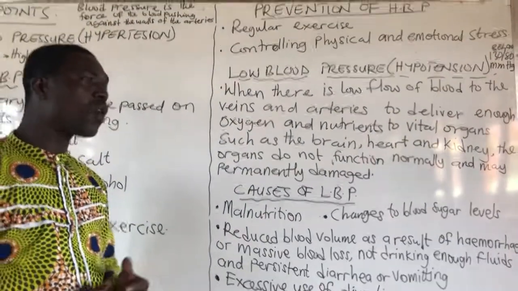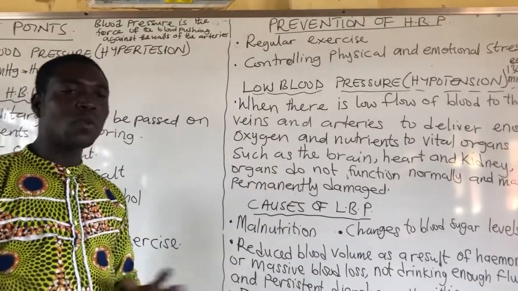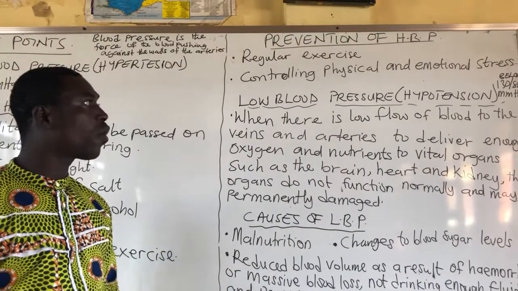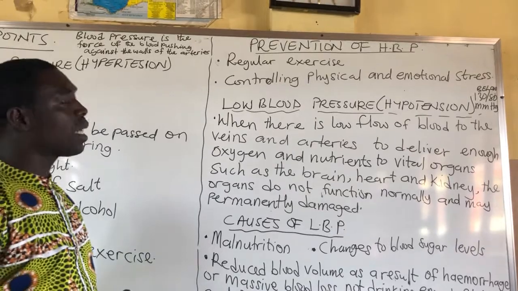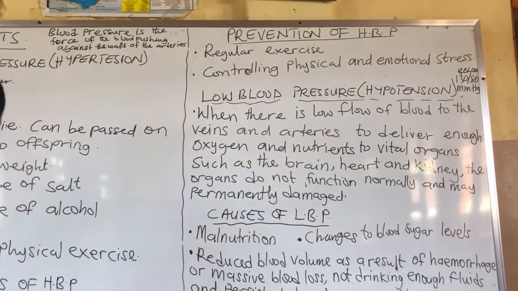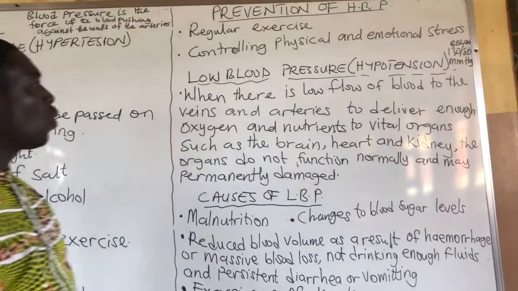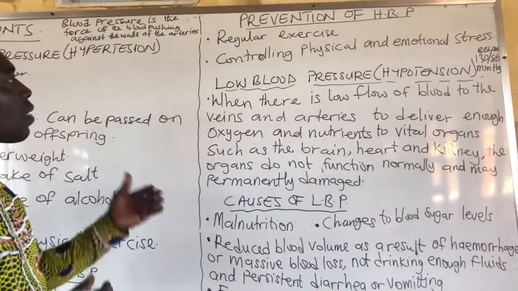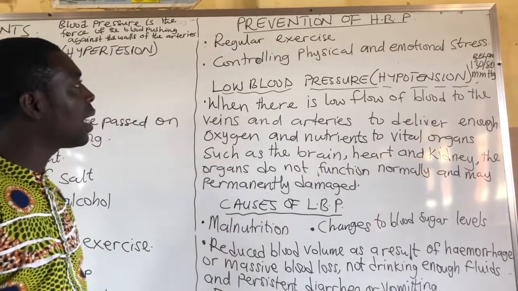If a friend insults you or does something to you which you don't like, don't worry about it. Try and forget so that you move on with your life. So this is one of the preventive measures of high blood pressure. There are a lot. It means that you need to eat properly so that you don't come into contact with these symptoms or anything that can push you to your early grave.